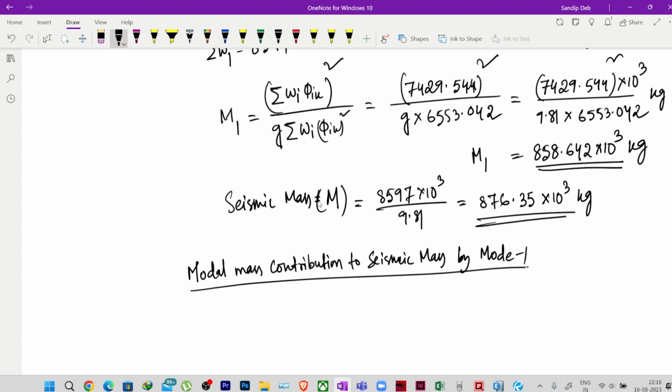Okay, so how much it will be? So this was my total seismic mass, and on this much mass vibrated, so it will be m1 by m.